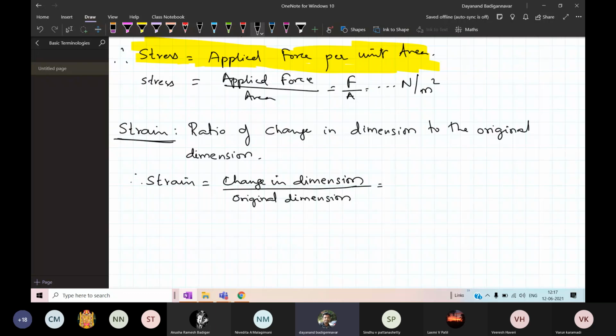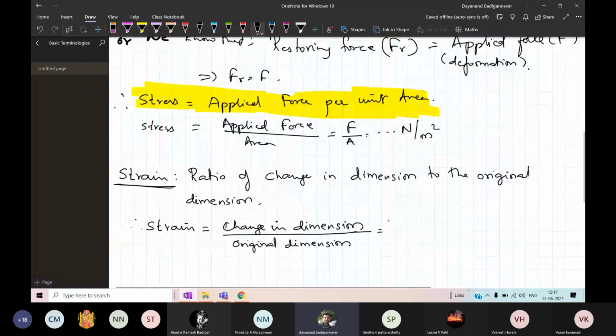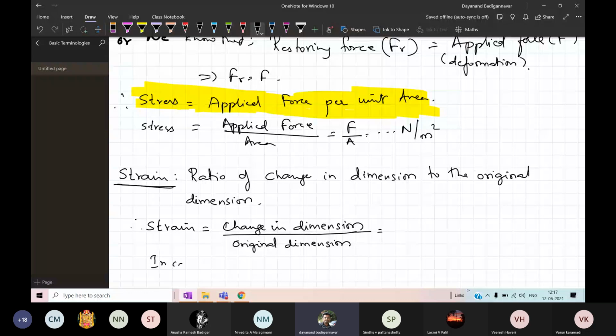What is change in dimension here? Keep in mind it's not for length in general. Here the change in dimension is length.